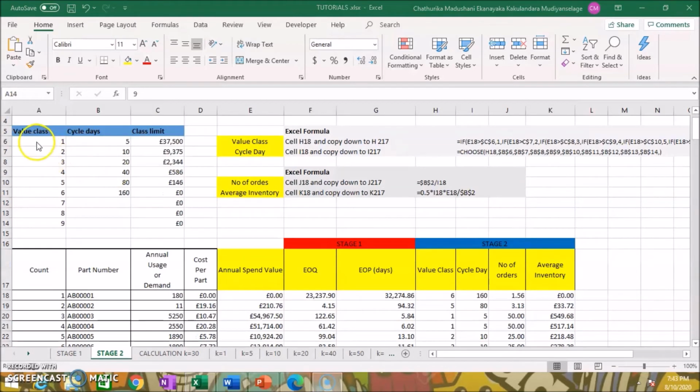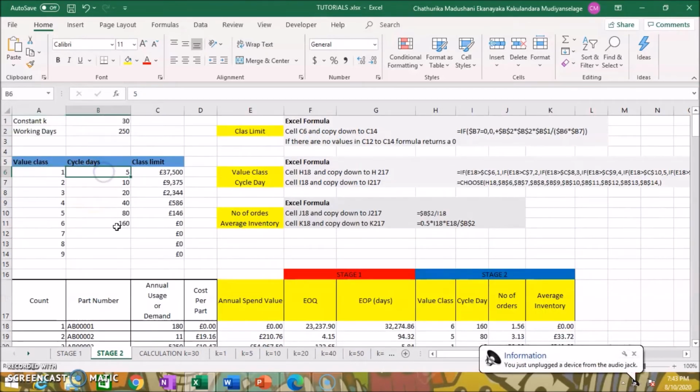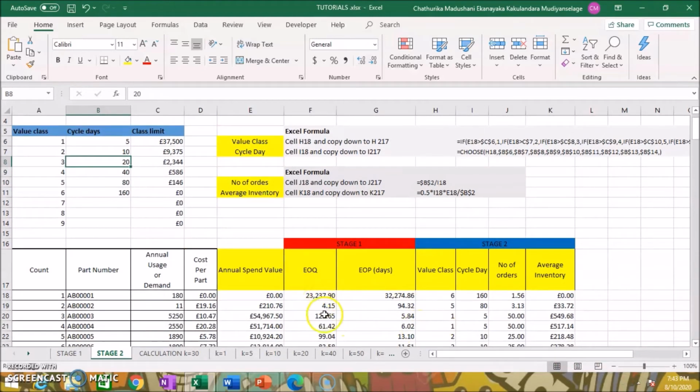So how do we come up with the table? Here we use the value class from 1 to 9, and then the cycle days. The cycle day actually is, we just round up the economic order period.